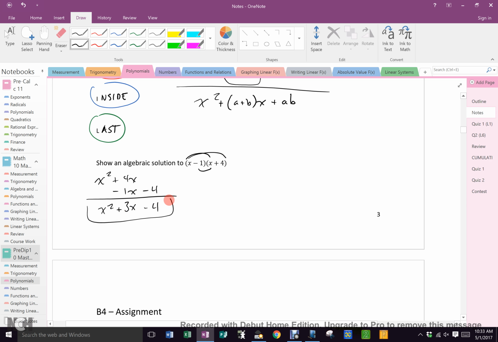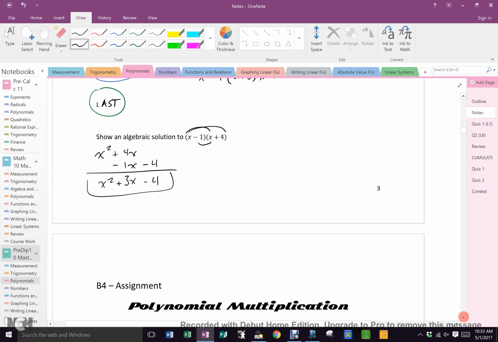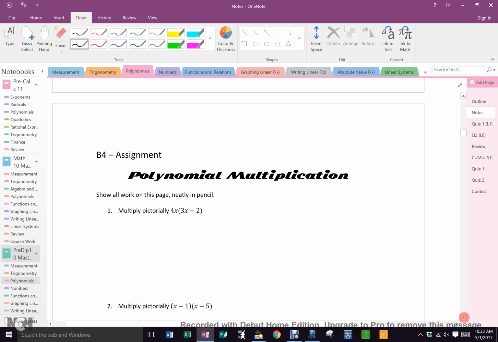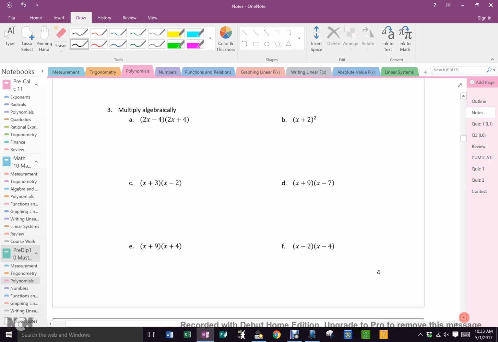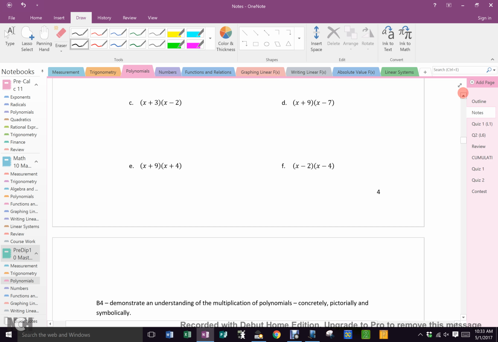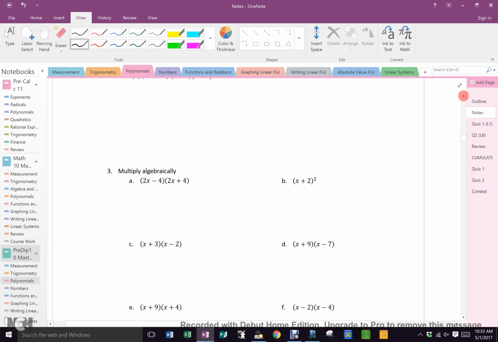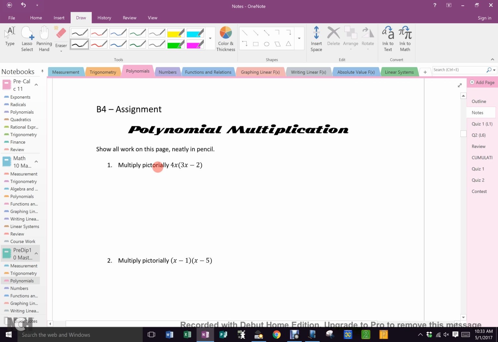There's the answer. Good? So it should take you about 30 seconds to do this next page for you guys. You do not need to do pictures.